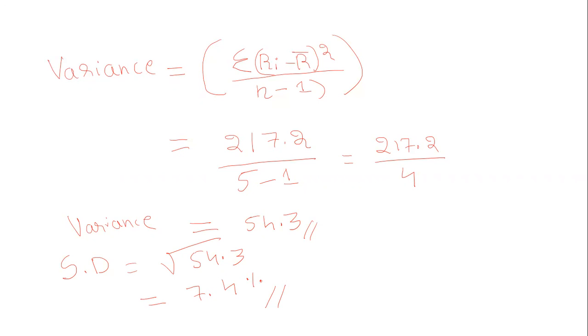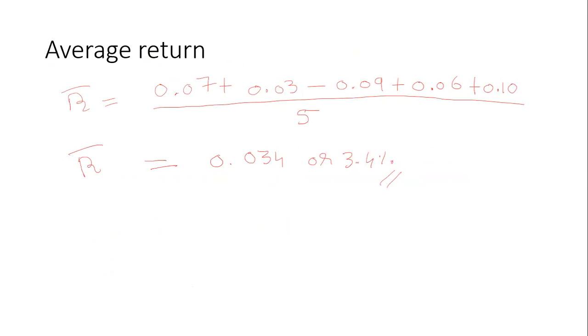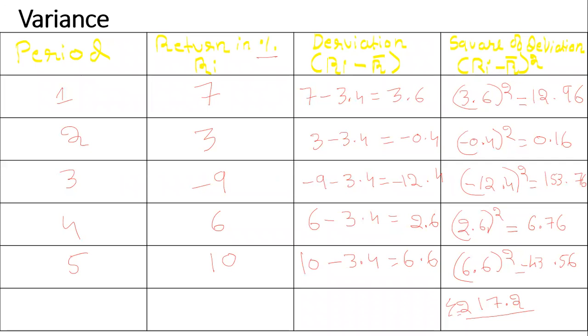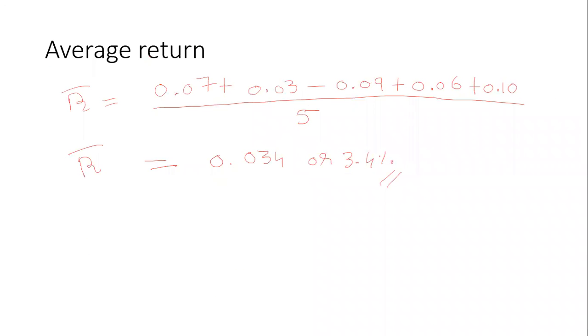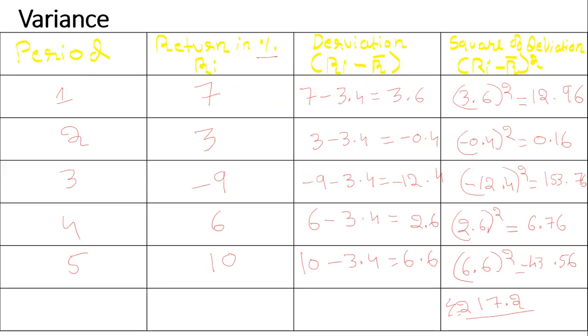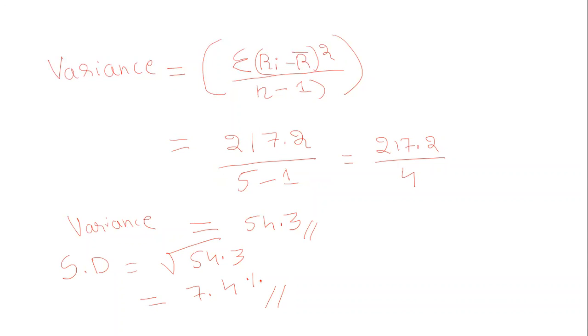So in historical data type of problem, probability will not be given, so we first calculate the mean, and then calculate the square deviation for calculating the variance. Once we calculate the variance, the square root of variance gives us the standard deviation. So the return is 3.4%, and the standard deviation for the stock is 7.4%.